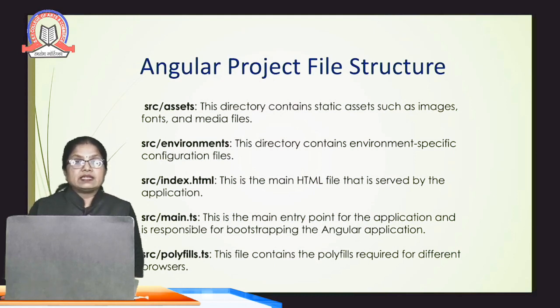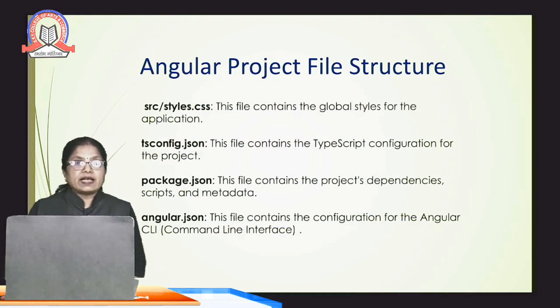main.ts. This is the main entry point for the application and is responsible for bootstrapping the Angular application. polyfills.ts. This file contains the polyfills required for different browsers. styles.css. This file contains the global styles for the application. tsconfig.json.